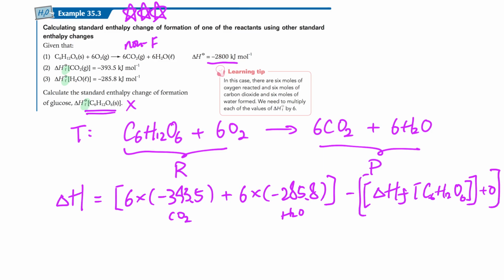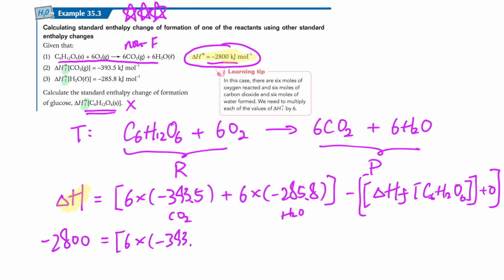So now we try to put the values into it. We still have this one, which will be the delta H for this particular reaction. So we use this delta H and put it right here. So it will be negative 2,800, and then we will do the rest, which is 6 times negative 393.5 plus 6 times negative 285.8, and then we minus delta HF.